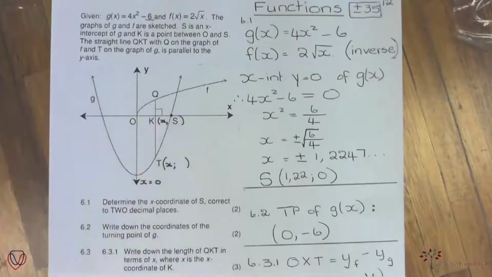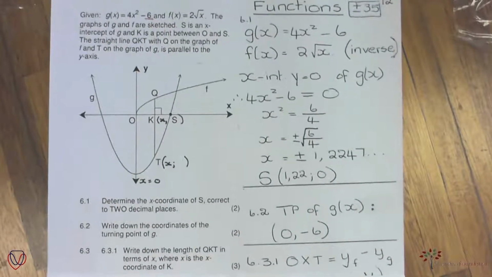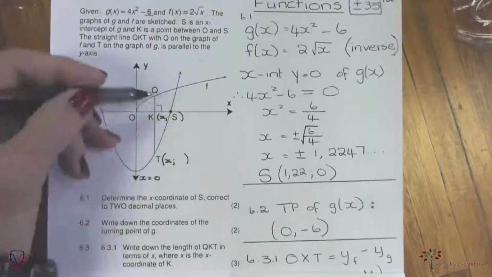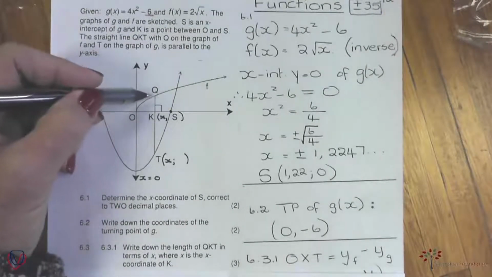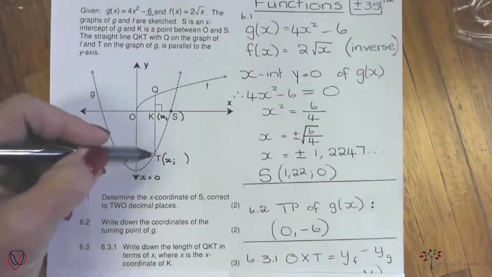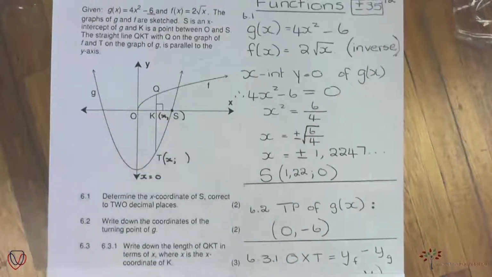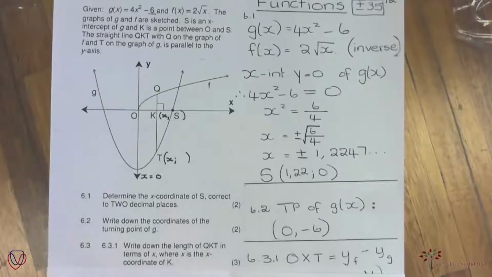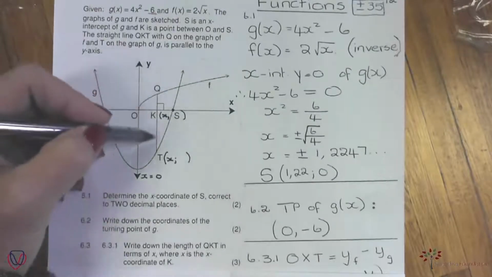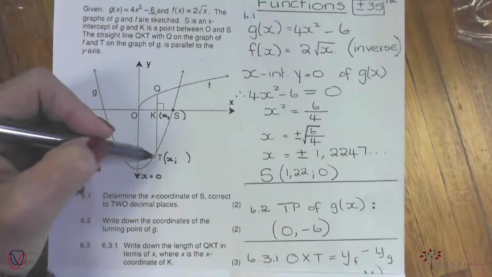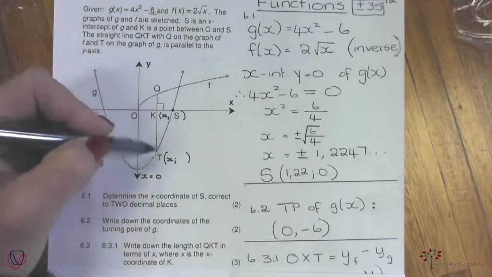We only have the x-coordinates in terms of x. So we've got that. Now people, if we want to find the length or the distance between two graphs, we have to get the two graphs in standard form and then subtract the equations from one another. That will give me an equation in terms of x for QKT.